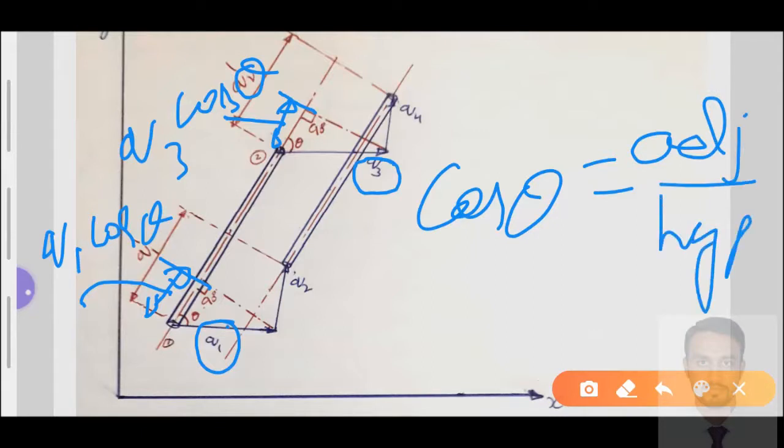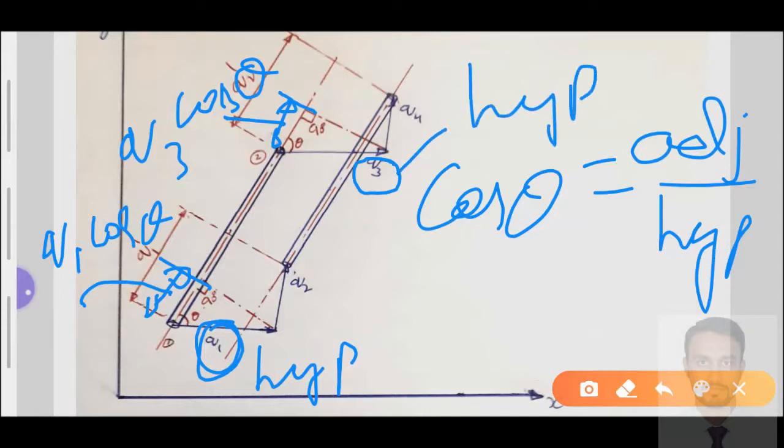The hypotenuse is q1 at node number 1, and at node number 2, q3 is the hypotenuse. The adjacent is this one. Now that we found this trigonometric function, we know it very well. Similarly, for the rest of the things we need to find out this question mark, how will we find it?